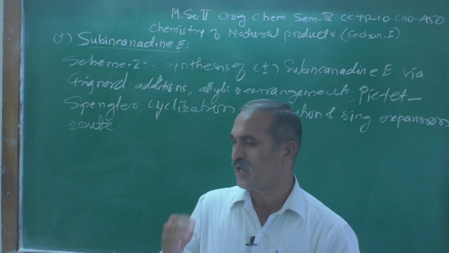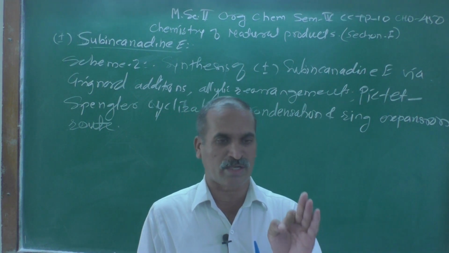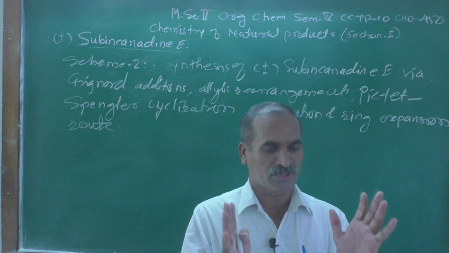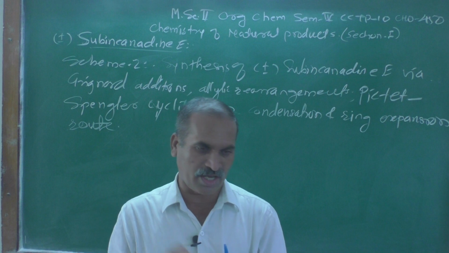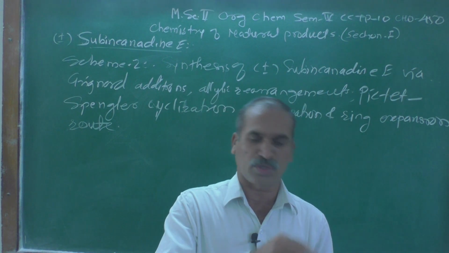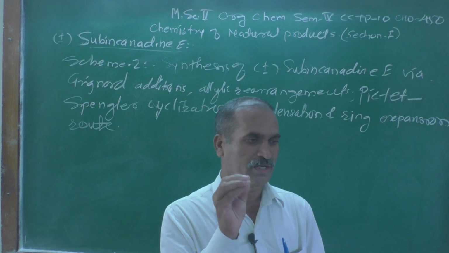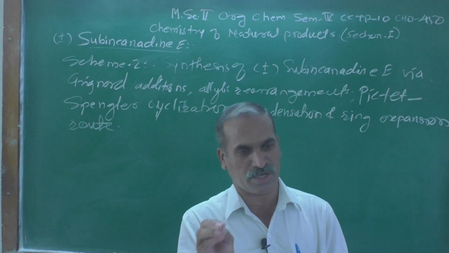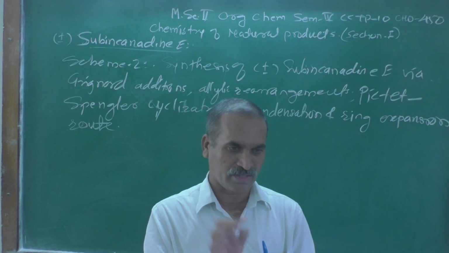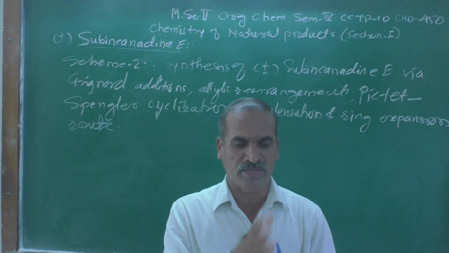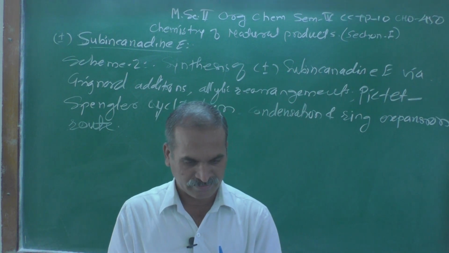Disconnection means an analytical operation which breaks a bond and converts a molecule into a possible starting material. It is an important step used in retrosynthetic analysis, and it has a special arrow. The meaning of that arrow is "could be made from".